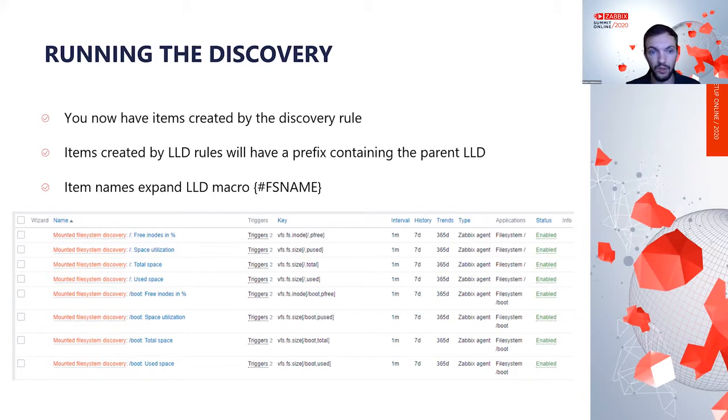So you don't really have to do anything other than that. You should also note that all of the low-level discovery macros have been expanded, so all of the item names contain the file system names within them, making it easier to distinguish.